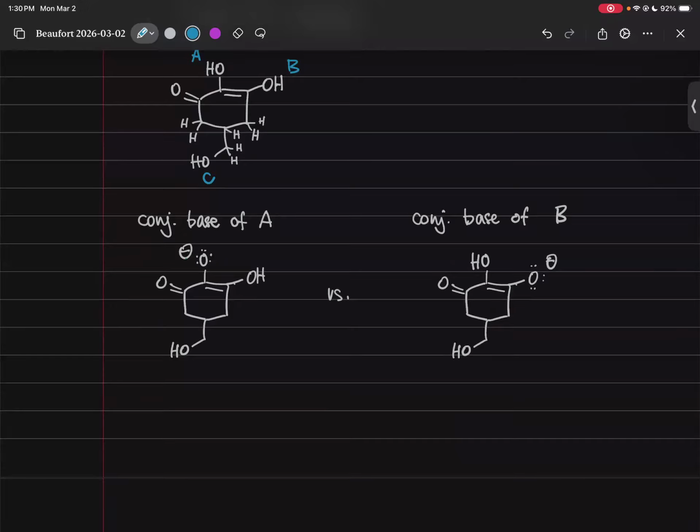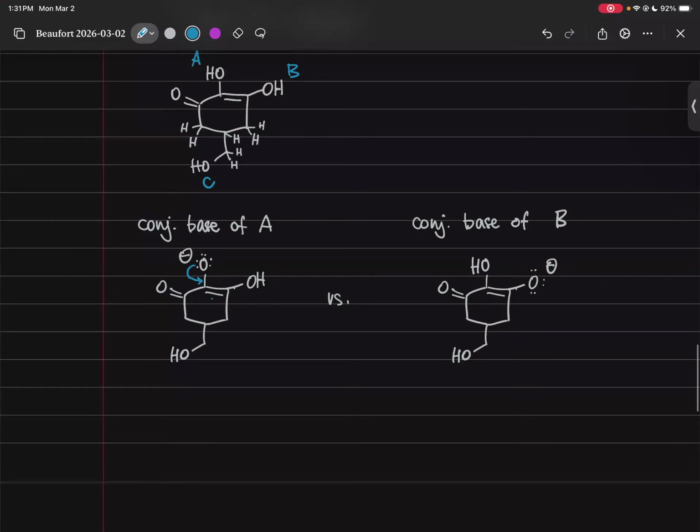Okay, for A, let's see. So clearly electrons are going to come down here. It's about the only thing we can do. And then from this point, what can we do? We cannot involve the carbonyl, right? Because there's not a pi bond in between here. We can't break this single bond. And so the only thing that we can do at this point is take this pi bond and move it onto that carbon atom.